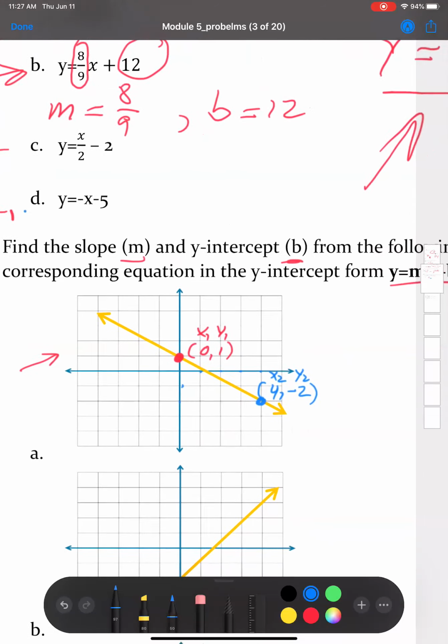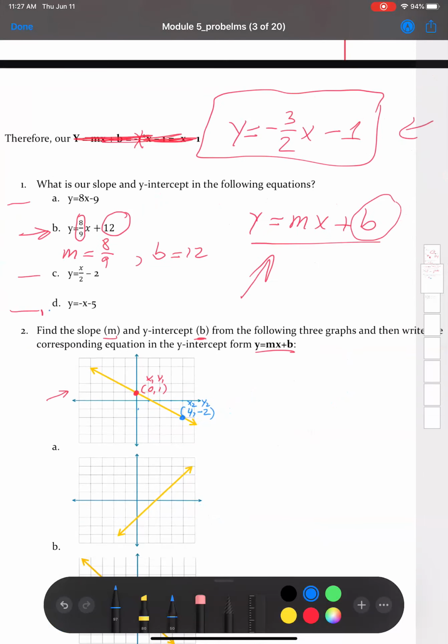So right away we know that our y-intercept, or b, this guy right here, is where the line crosses the y-axis. Where is that? It's this one right here. So our y-intercept is actually 1, so b is equal to 1. Now m is equal to the change in y divided by the change in x.